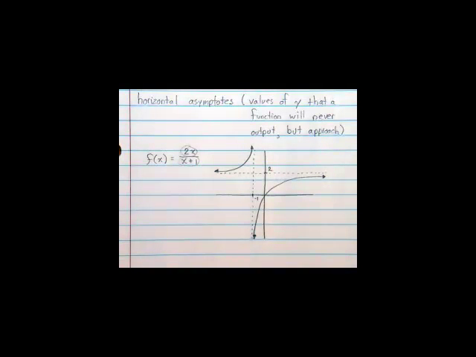Think about, what if you put in super huge numbers in for x? Okay? Because as this thing goes out and it becomes super huge numbers for x, we should be getting closer and closer and closer to what value?